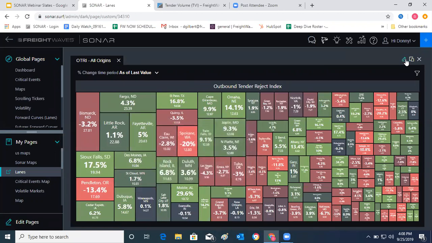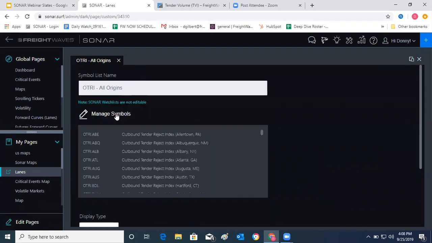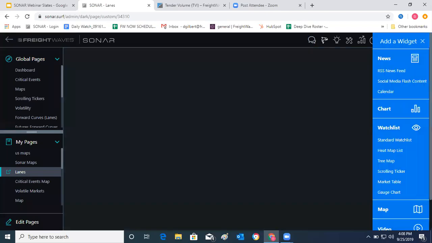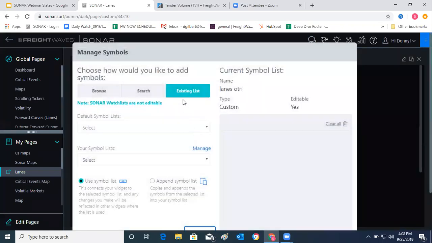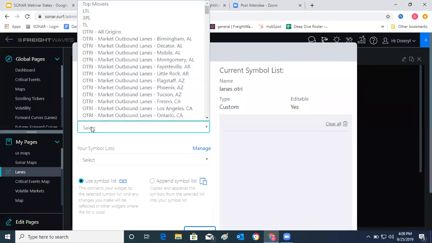Actually, let me back up here. I need to adjust this. I pulled it up for the U.S., which is not going to help us out much. When I go back here, tree map, manage symbols. When we pull the list up, you can click all. Actually, what you probably really want to do is click a city that you're actually looking at, because this is going to give you lanes.